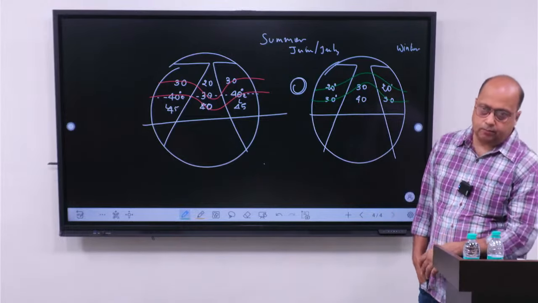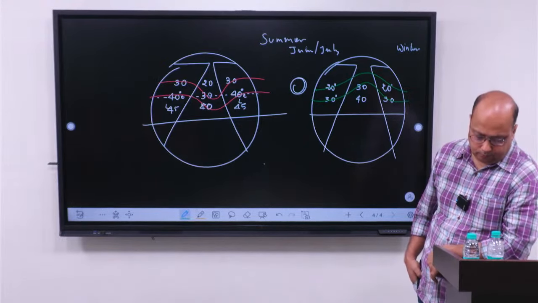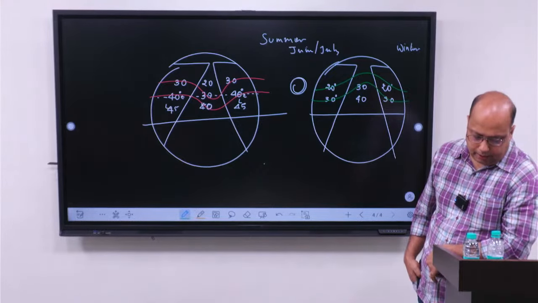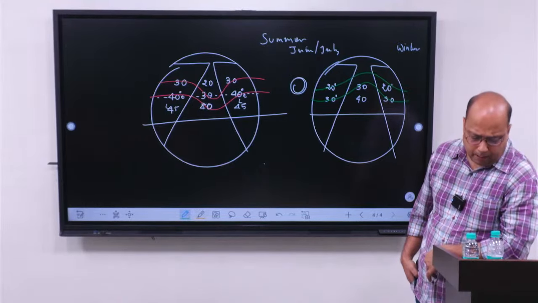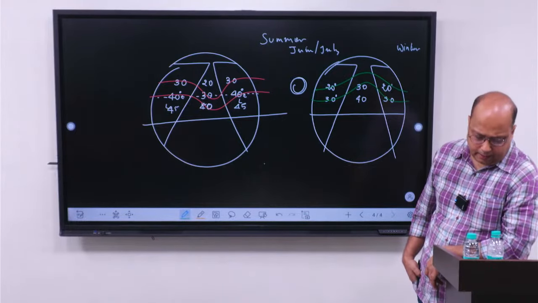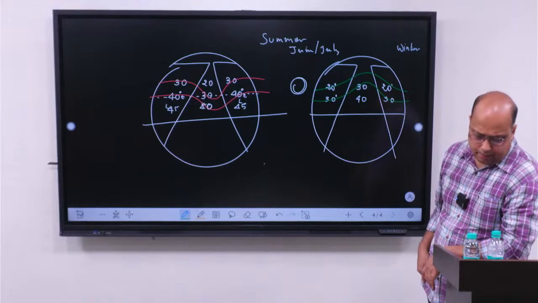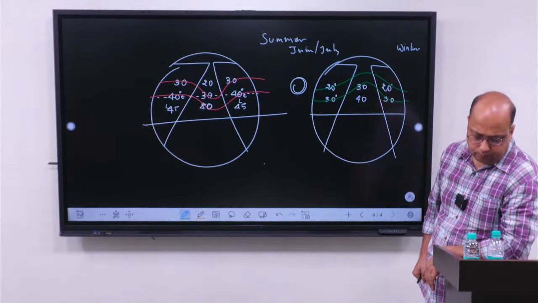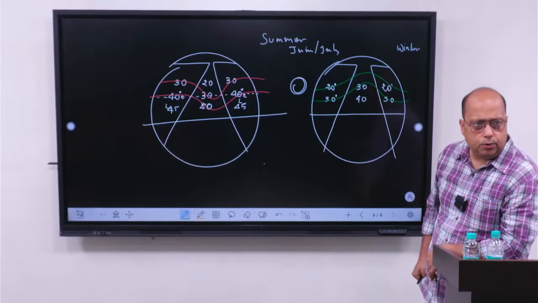Isotherms are imaginary lines drawn on a map that connect places with the same temperature at a specific time, reduced to sea level.